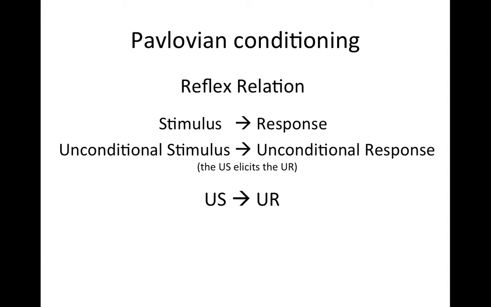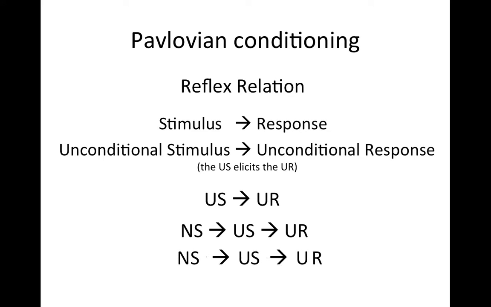Now, if we have this US-UR relationship, if we were to present a novel stimulus prior to the unconditional stimulus, which elicits the unconditional response, and if we were to do this repeatedly, a neutral stimulus, then the US, which elicits the UR, what comes to happen is that the novel stimulus or the neutral stimulus becomes a conditional stimulus that elicits a conditional response even in the absence of the US.